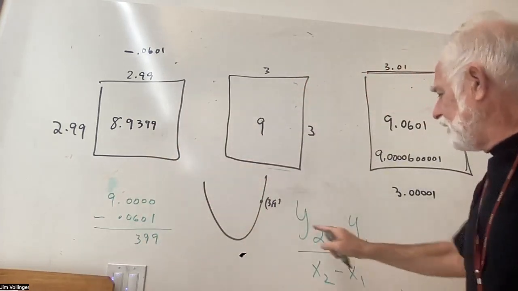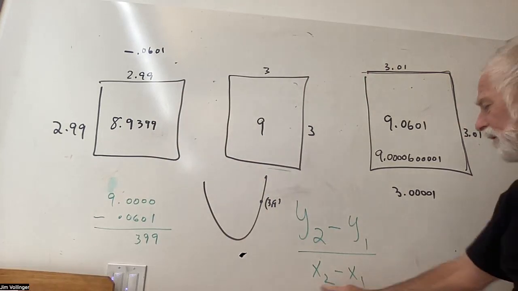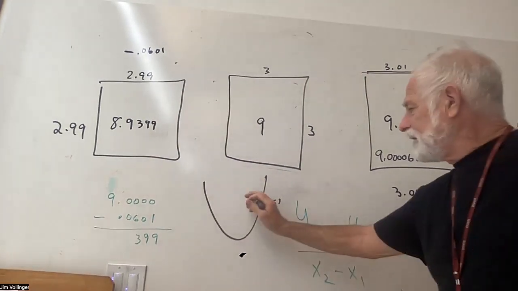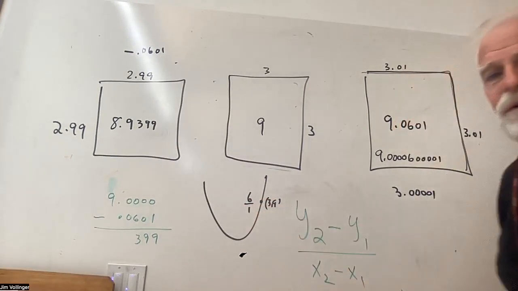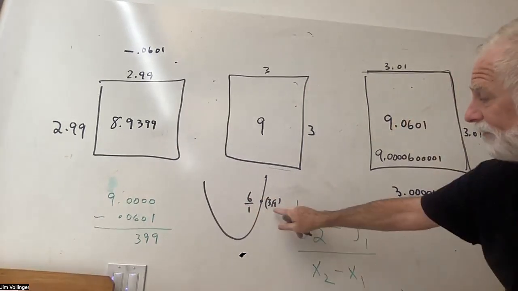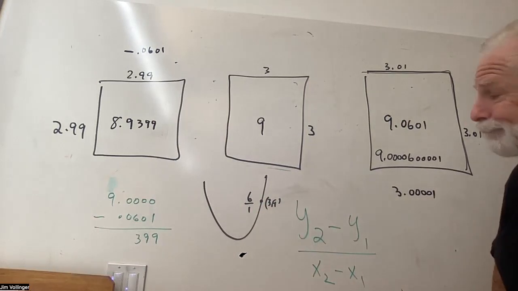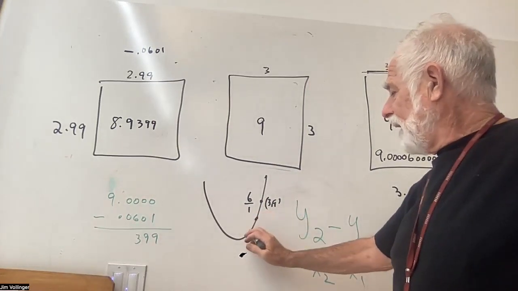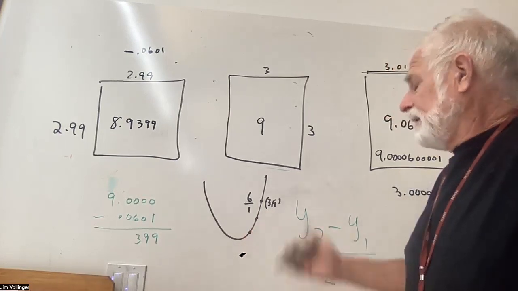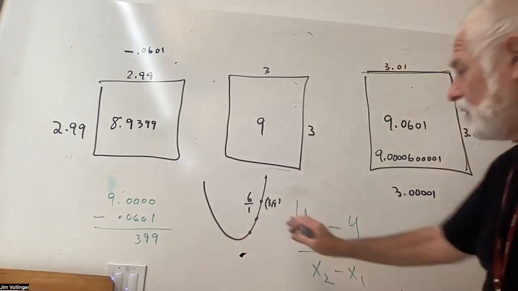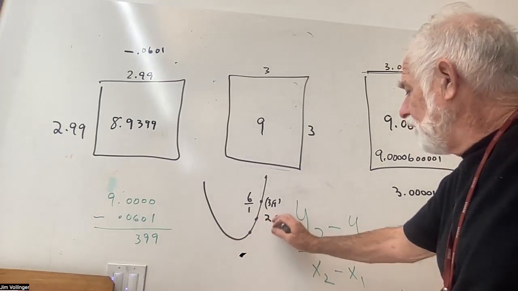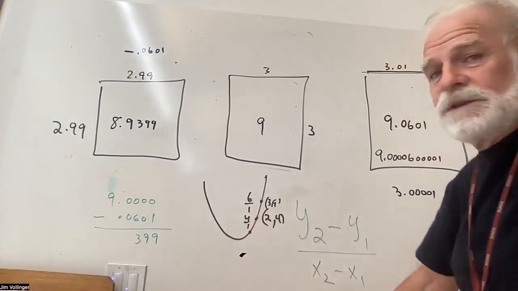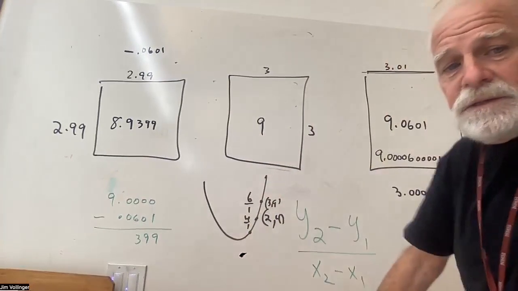And then what he did is he did y2 minus y1 over x2 minus x1. And he found that it was changing at a 6-to-1 ratio at that instant, which actually happens to be 2 times 3. And I'm sure he probably did a variety of, I'm guessing, where he looked at, well, at 2, there's an area of 4, and it turns out that there's a 4-to-1 rate of change there using the same analysis.